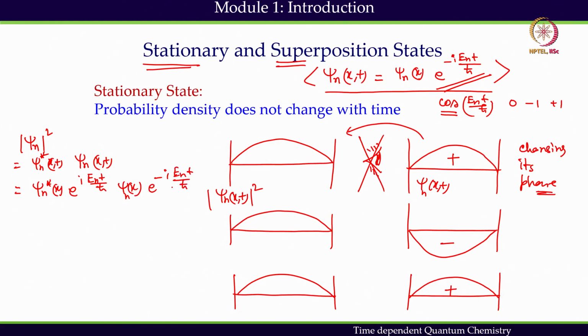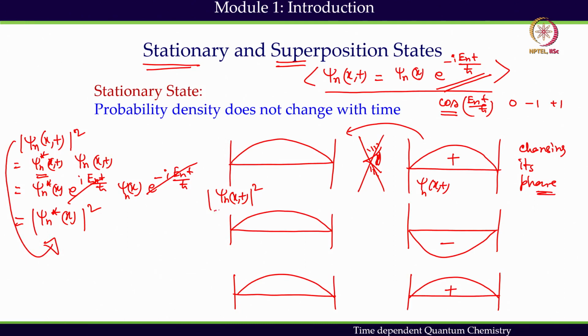We see that the moment we take the complex conjugate and multiply with its own, these two factors go out. The phase factor goes out. Finally, what I get is a time independent quantity, although I started with a time dependent wave function; in the end it is giving me a time independent physical quantity.